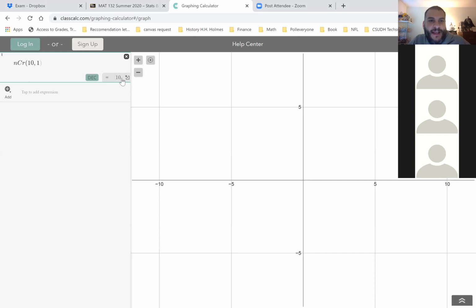So if you look right here, it gives you 10. And that's your final answer. But we kind of already knew that because we had already listed out all of the different options. But instead of having to list out all of the different options, just use nCr in class calc. That way you could get the answer. All right. So any question in regard to nCx?